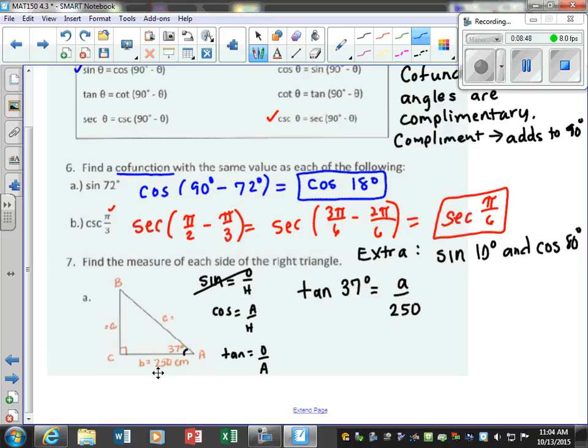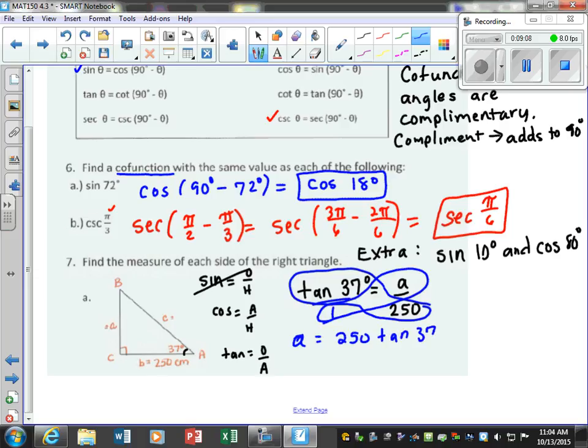A, so we can cross multiply right here. And if it helps you to put that over 1, then we can. That would give us A is equal to 250 times tangent of 37 degrees. Okay, we'll put that in our calculator, make sure it's in degree mode, and A is approximately 188.39 centimeters.